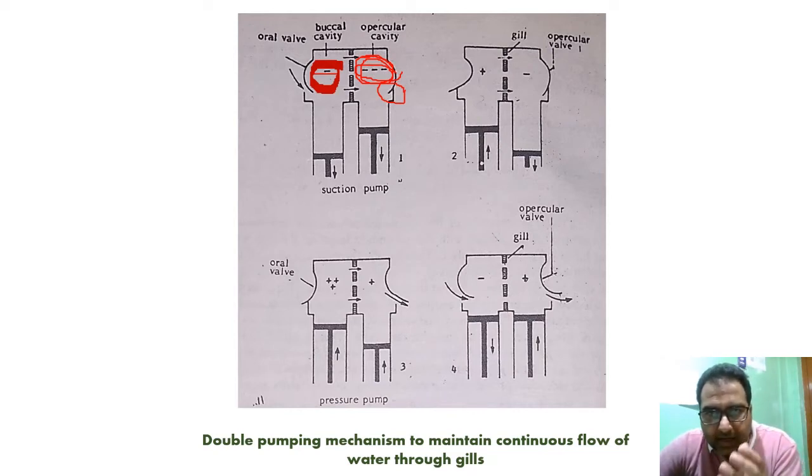So what happens next? The buccal cavity and the opercular cavities are reduced to exert pressure on the water inside.